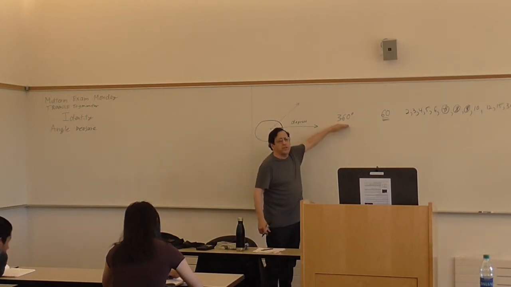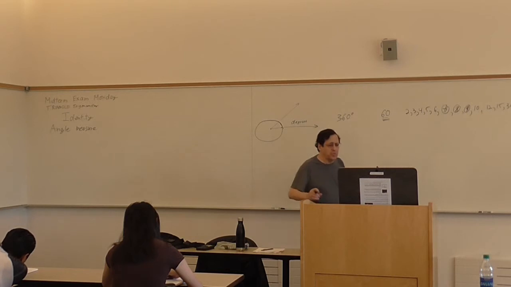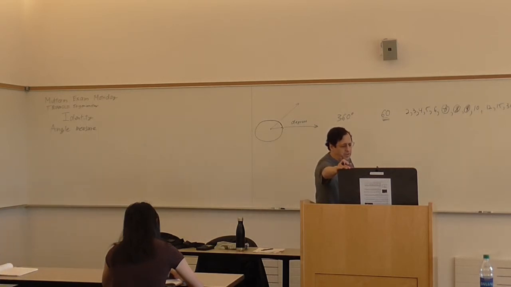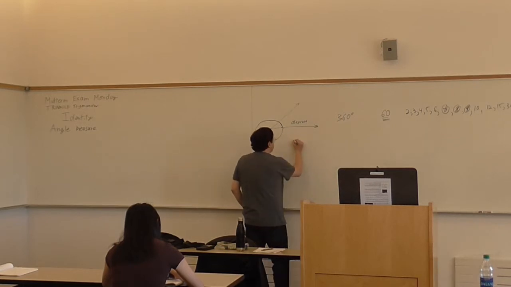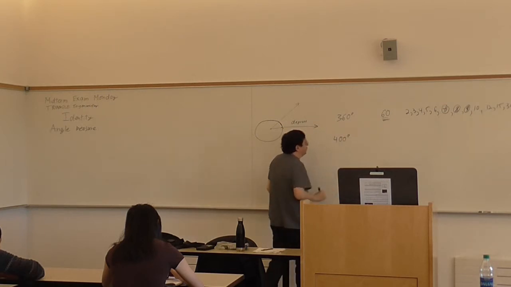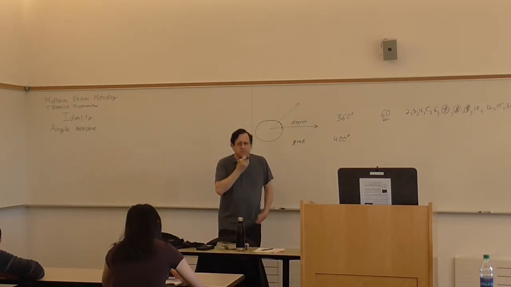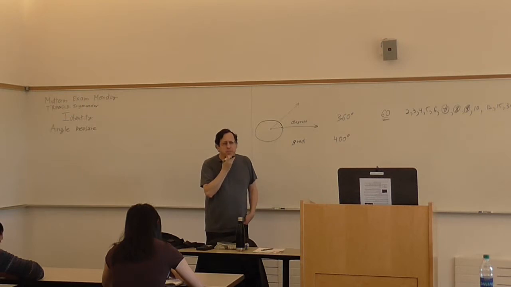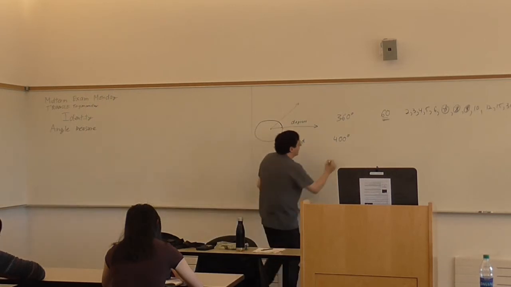This is not the only scale that you might run into. There's another scale called a grad, in which a circle has 400 degrees. This is sometimes used in navigation, but you're unlikely to run into it.